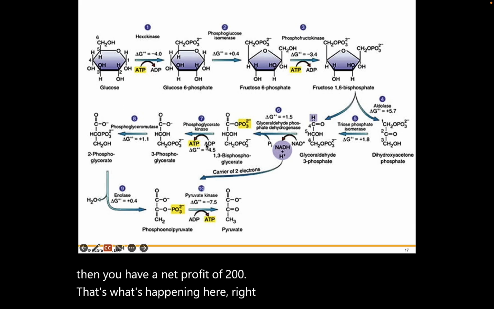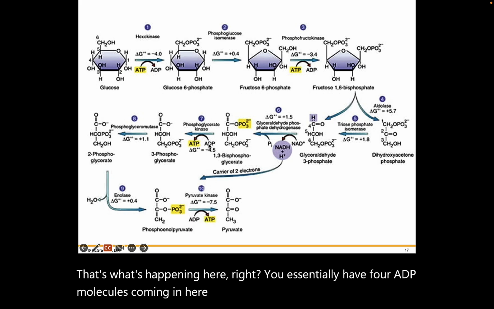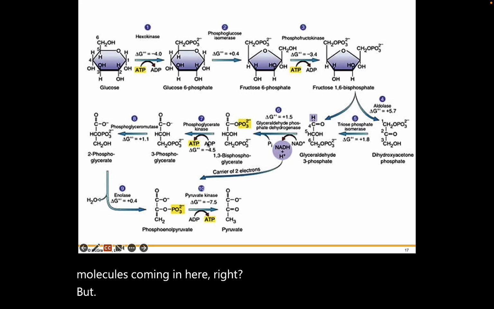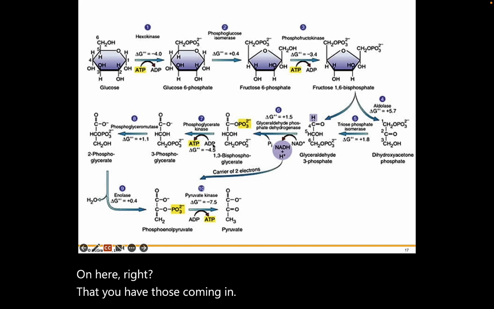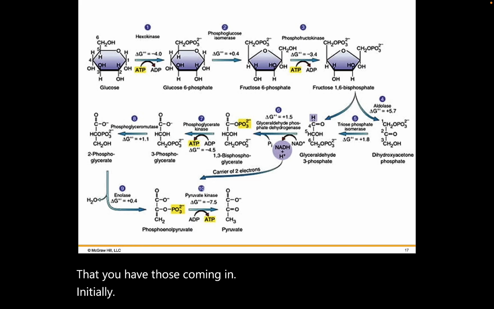You essentially have 4 ADP molecules coming in here, right? But on here, right, you have those coming in initially as your input, right?